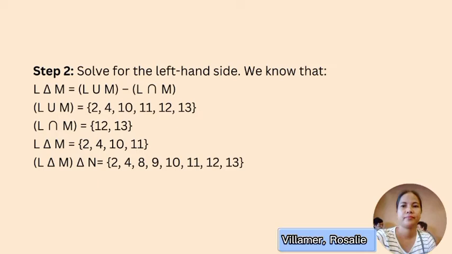L intersecting M is equal to 12 and 13. The symmetric difference of L and M is equal to 2, 4, 10, and 11. The symmetric difference of L with respect to M, delta N, is equal to the collection of elements 2, 4, 8, 9, 10, 11, 12, and 13.